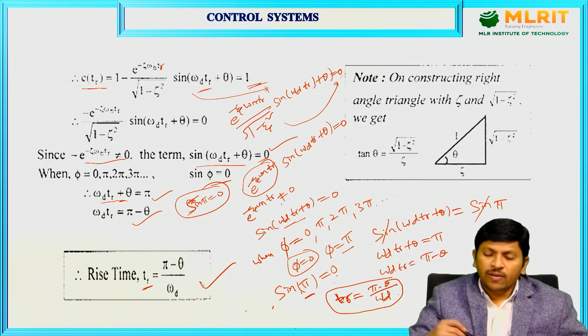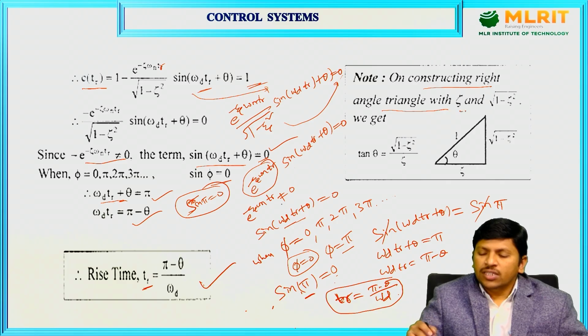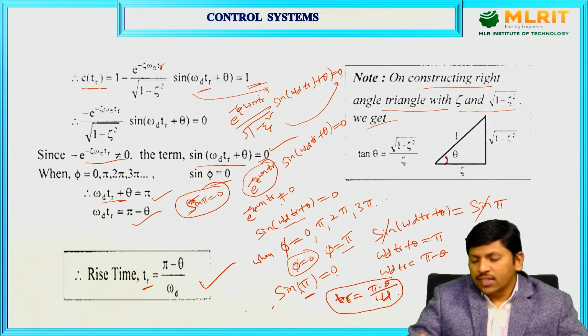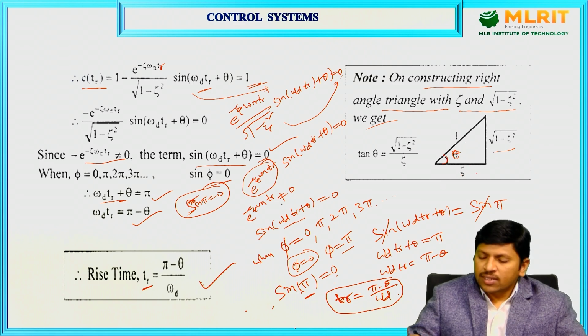See here, observe, constructing the right angle triangle with zeta and under root 1 minus zeta square. For the theta purpose I am going to consider this angle theta, so the adjacent is zeta, the opposite is under root 1 minus zeta square, and the hypotenuse is 1. From this, observe sin square theta plus cos square theta equals 1, right?